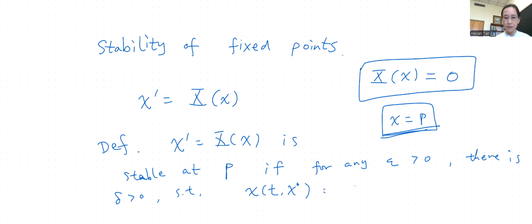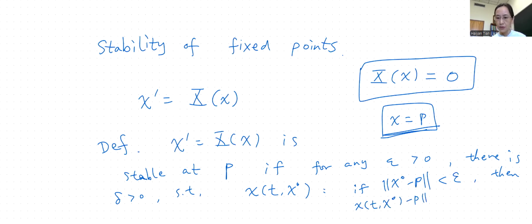that is, whenever the initial data is this close to P, then the solution curve will be this close.